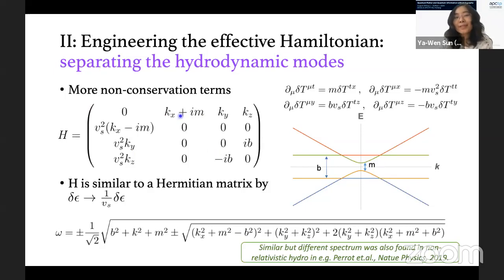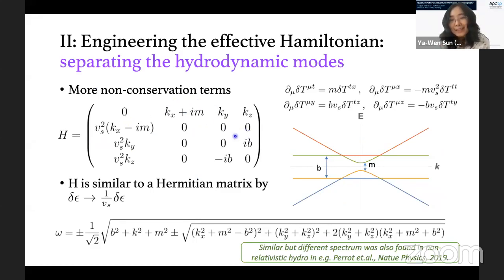So after gapping this system, the second step is to modify this effective Hamiltonian and introduce more terms. And these more terms could separate the one crossing node into more crossing nodes, which exist even with the presence of the mass term, very similar to Weyl metal.